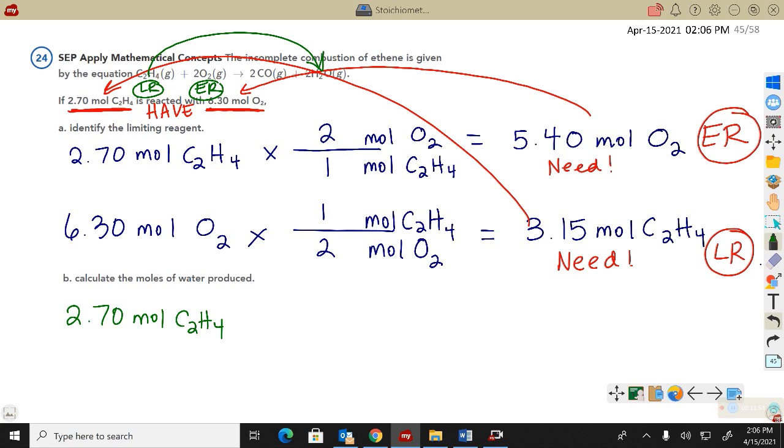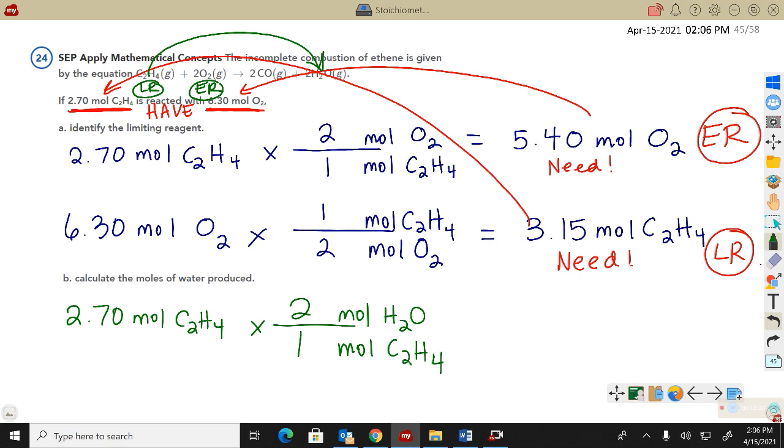And so we go back to the amount of limiting that we have, and then we can use the ratio in the balanced equation. So I'll cancel moles of C2H4 and switch it over to moles of the desired product, which in this case is water. There's 2 moles of water for every 1 mole of C2H4. And then we're good to go.